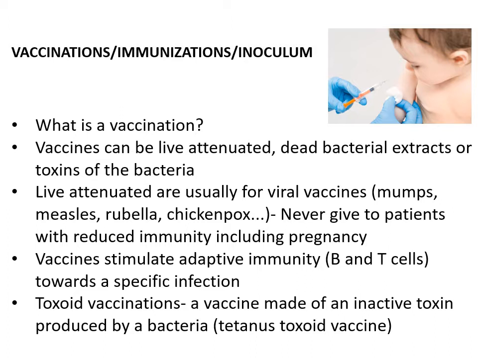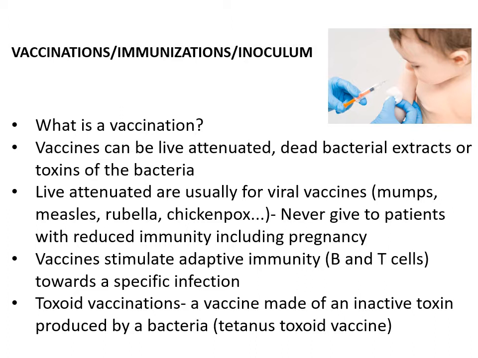So, some vaccines use a live form of the infection, but it's attenuated, meaning it's disabled in some way. It can never give you the actual disease that it's trying to prevent. So it's live attenuated. And we typically don't give live vaccines to pregnant women or someone who's immunosuppressed.